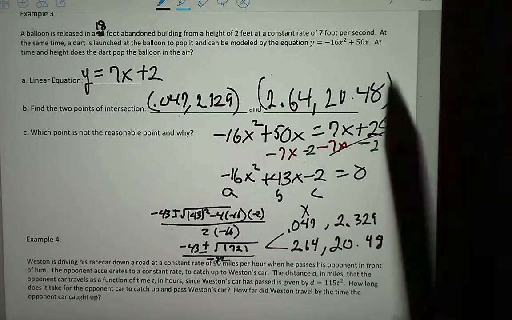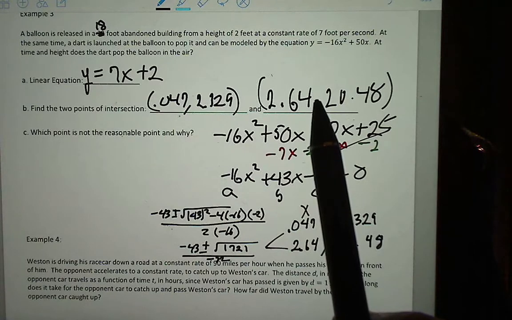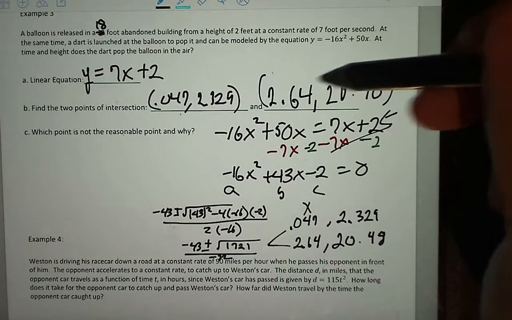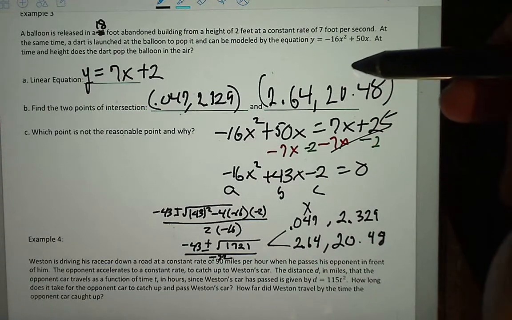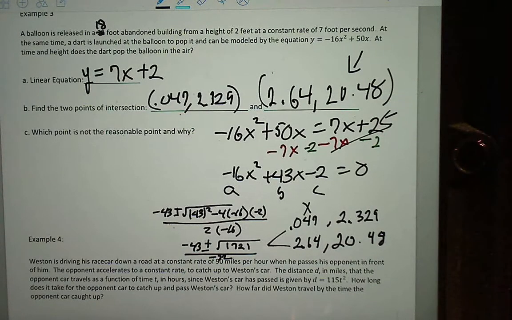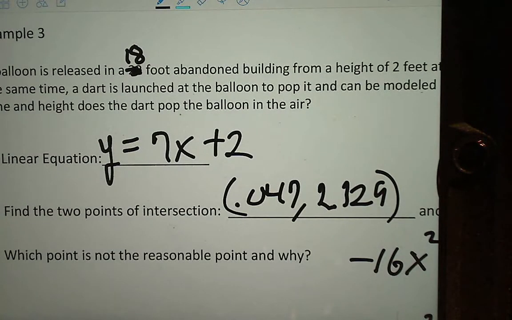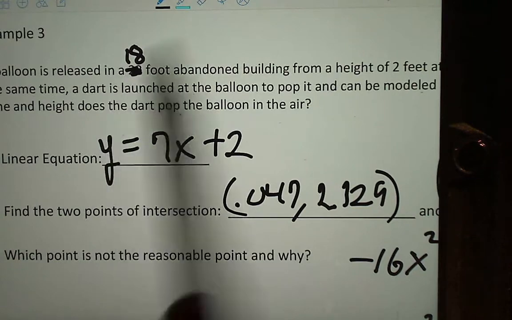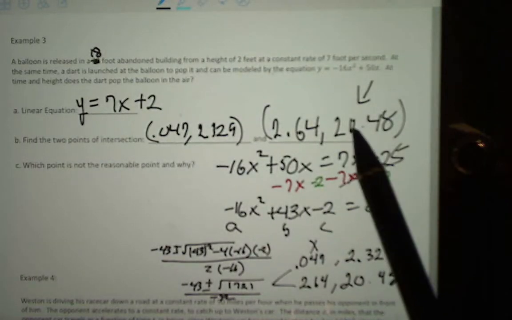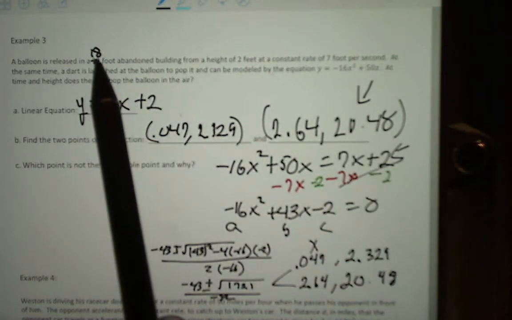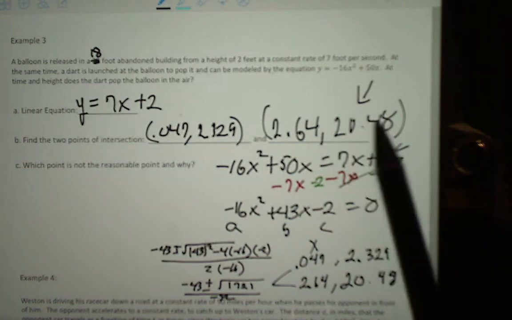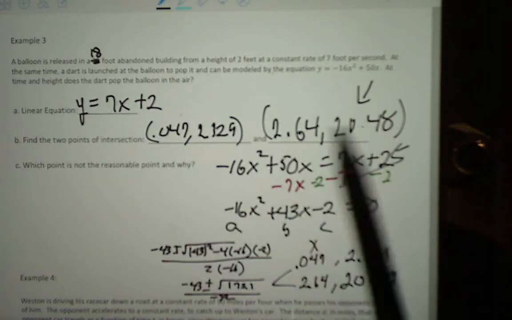This one is not supposed to make sense because if they collide at 2.64 seconds and they're at a height of 20.48 feet, what it's supposed to be essentially is that the building is only 18 feet high, which is why I think it was just a typo on my part, meaning that this point is not even possible because the building itself doesn't fit within this particular point. And so this point's not supposed to be reasonable.